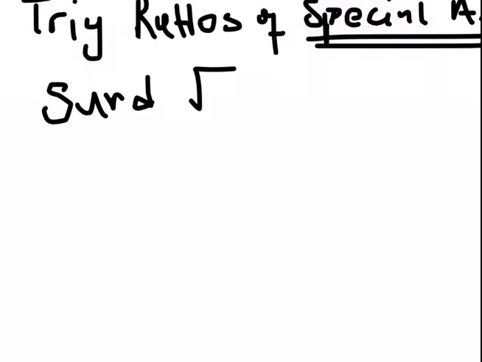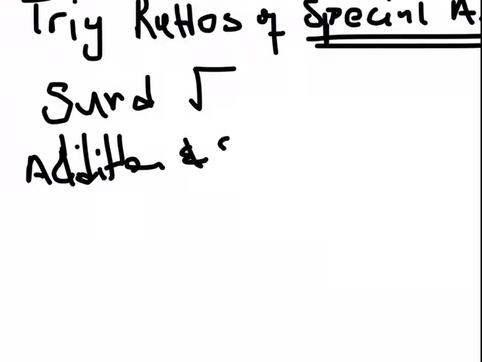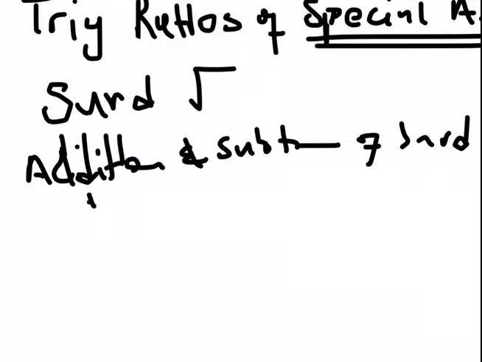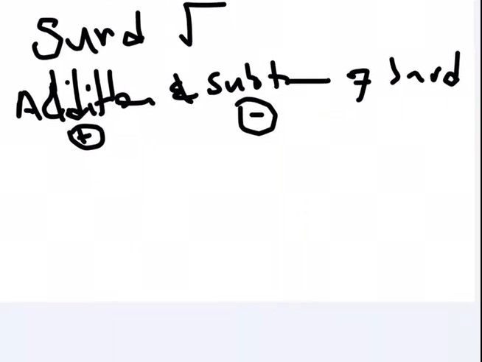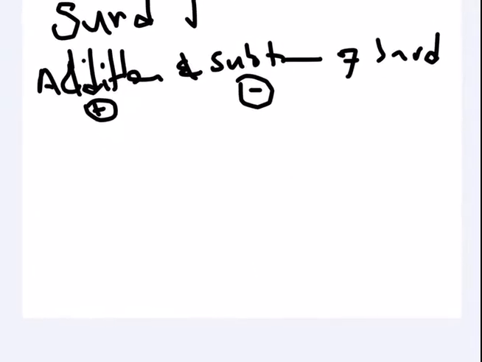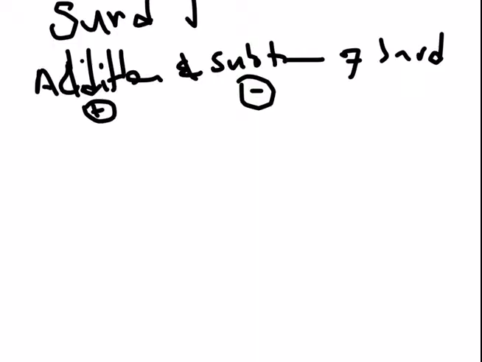So let me just write it down: addition and subtractions of surds. Just remember that additions, I'm just talking about adding, and subtractions, minusing. So that means we're going to be adding or minusing the values that involve the square roots.